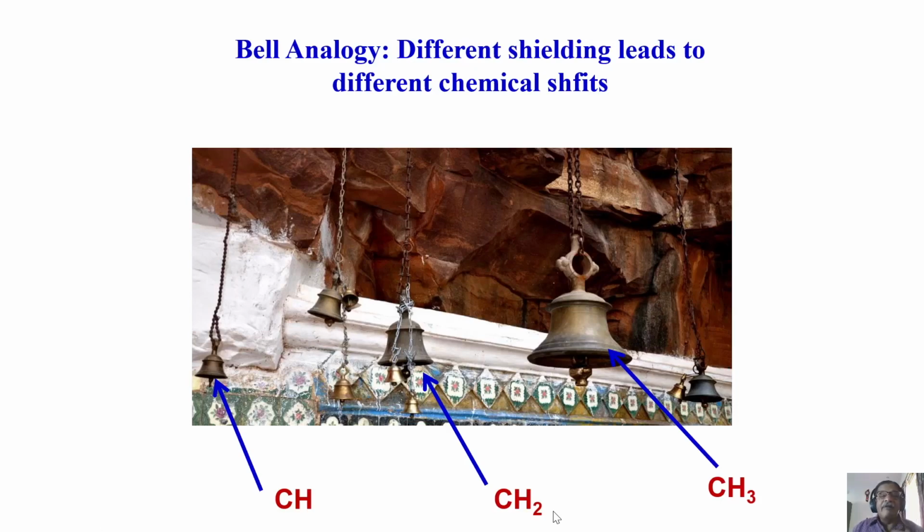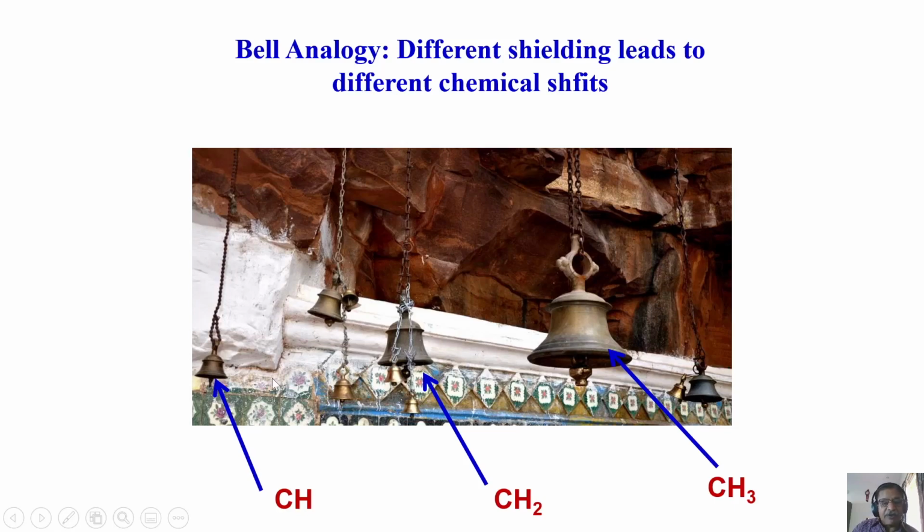So this is a very simple bell analogy. Look at these things. Very beautifully we can understand from this. This is the bell. You consider this as the charge distribution surrounding this nucleus. This is the nuclear spin. This is much more compared to this bell. This is the center of the bell. Consider this as the nucleus and this is the charge distribution.